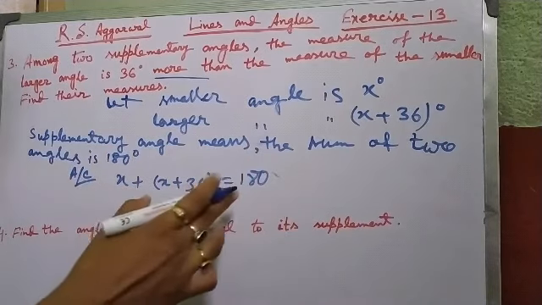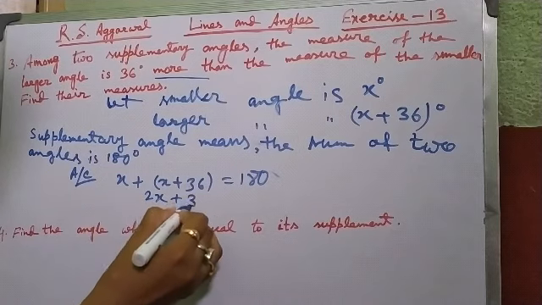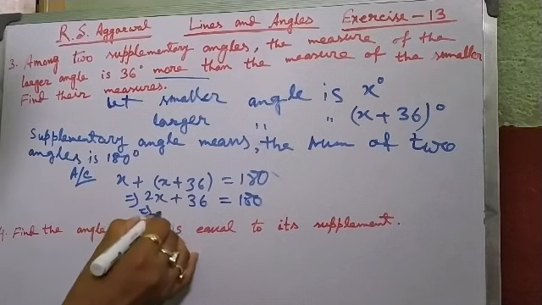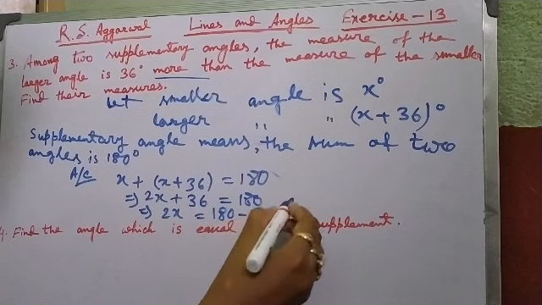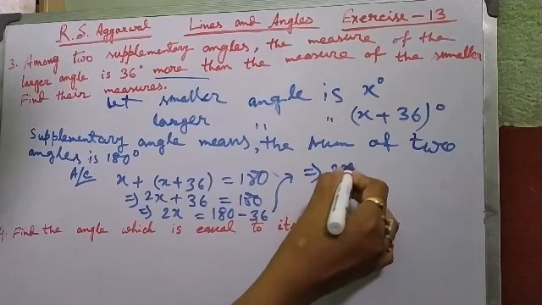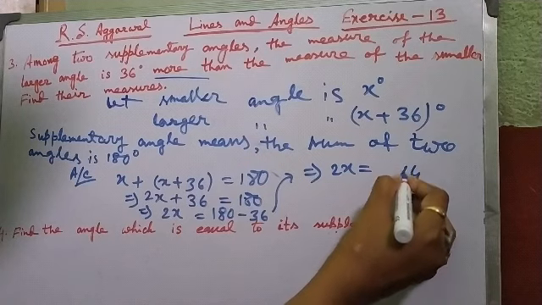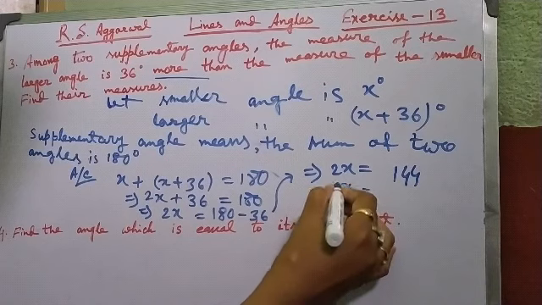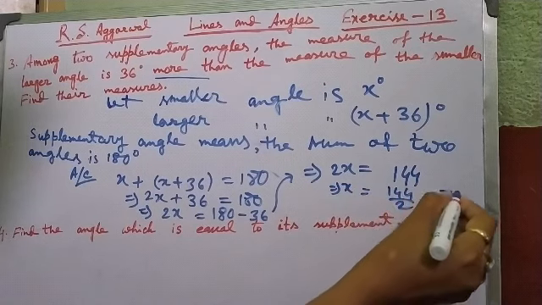I will not write degree here because this is an equation. Next, this will be 2x plus 36 equal to 180. Then 2x equal to 180 minus 36, so 2x equal to 144, then x equal to 144 by 2, that means 72.